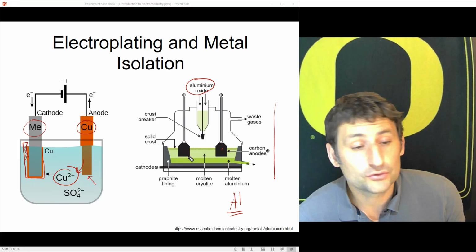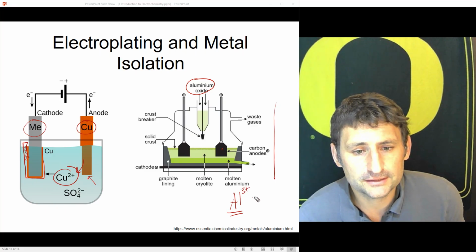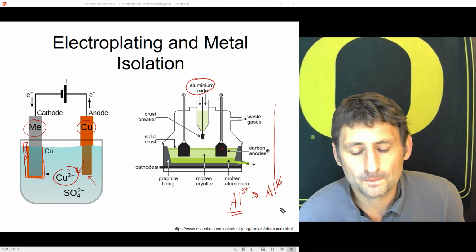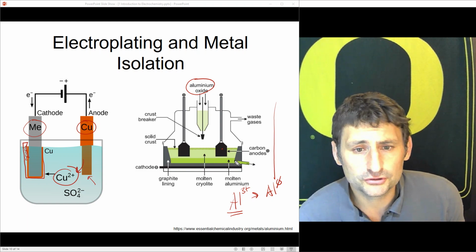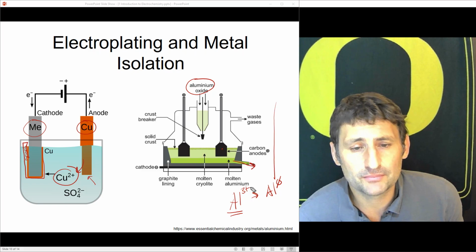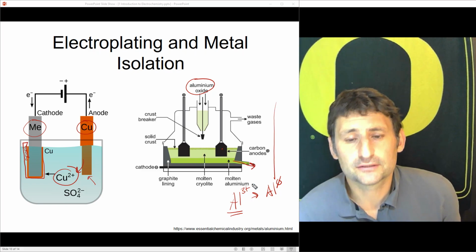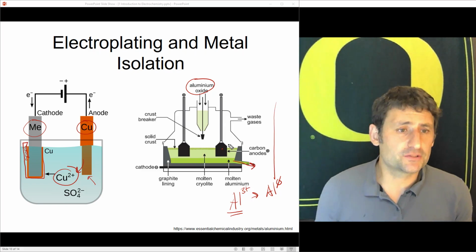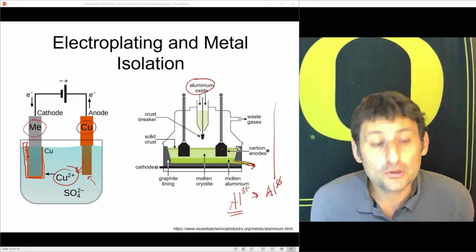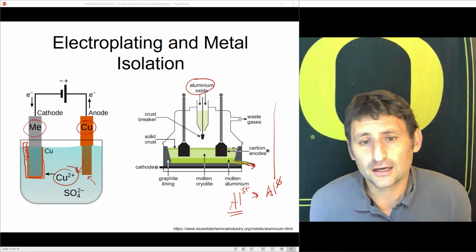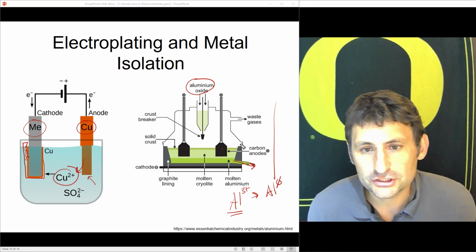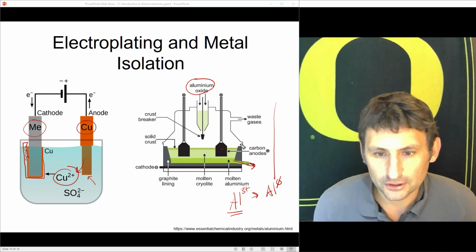The cathode reduces the aluminum 3+ to aluminum 0. And that aluminum 0 is metallic and molten and can be flown out of the bottom of the electrolyzer. Before this process was developed, aluminum was actually one of the most expensive metals around, and now it's incredibly cheap due to this electrochemical process.